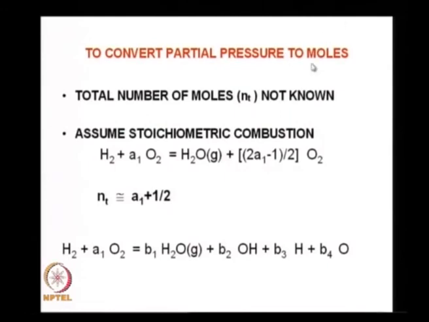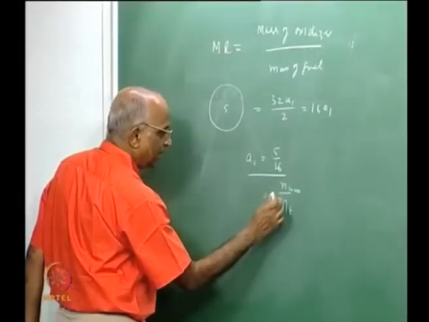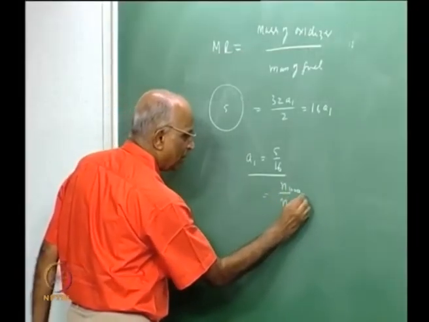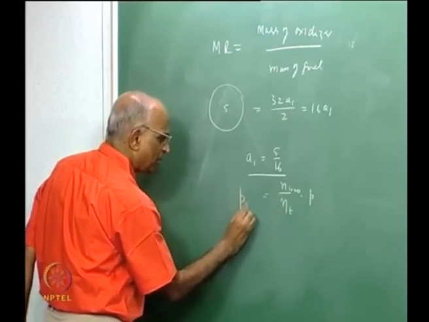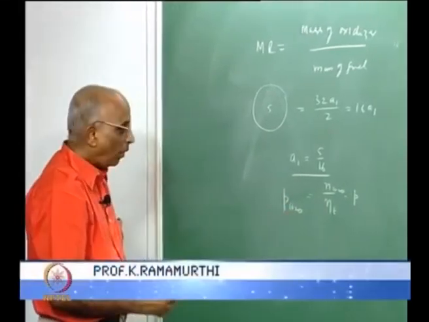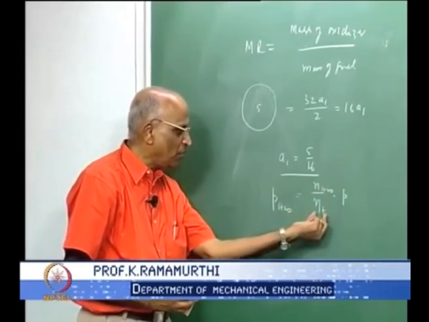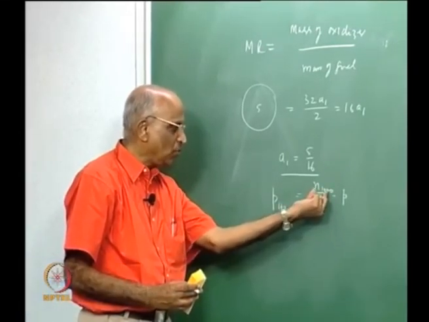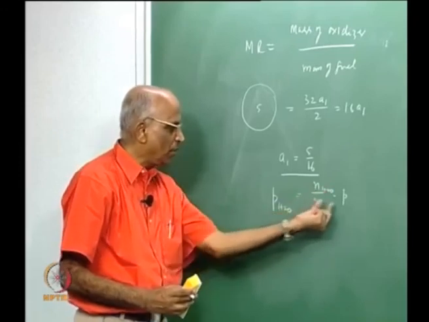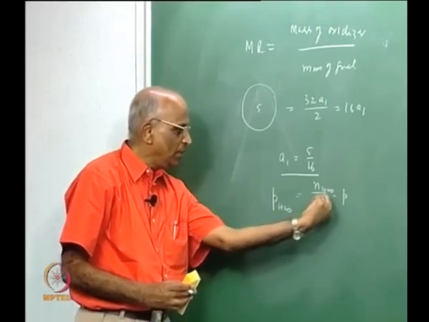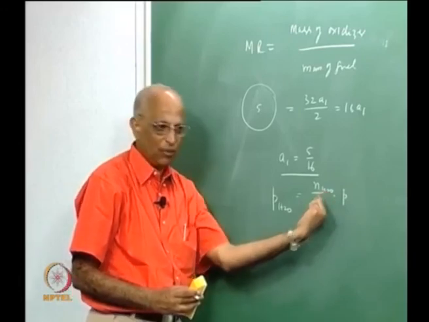To convert partial pressure to moles, I need to know the total number of moles. Let us do it on the board. If the total number of moles is NT, and the number of moles of H2O is NH2O, then the partial pressure pH2O depends on the total pressure times the molar fraction, NH2O divided by NT.